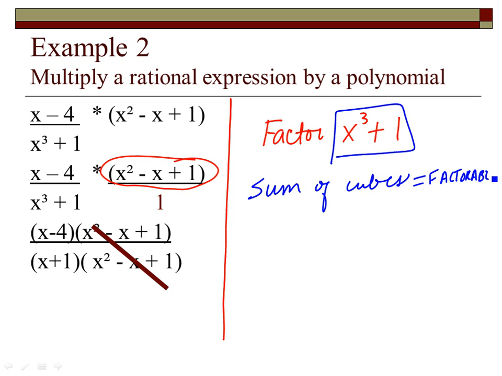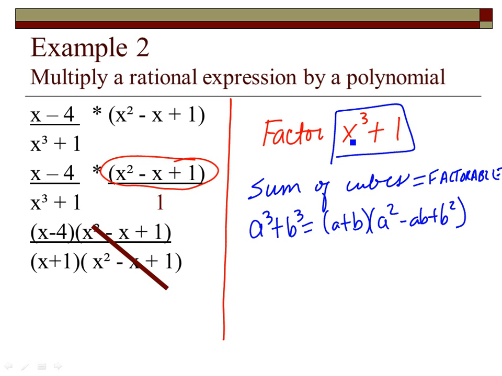So you need to know the formula. Go to the book, browse through your notes to get the formula. But the formula is a cubed plus b cubed equals a plus b times a squared minus ab plus b squared.